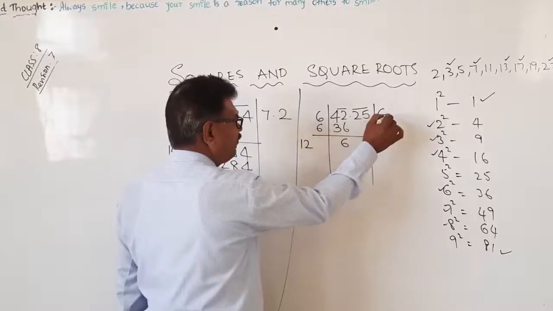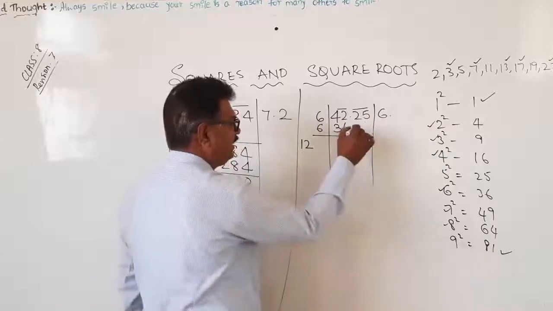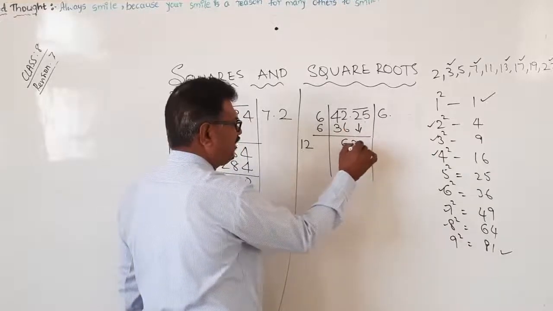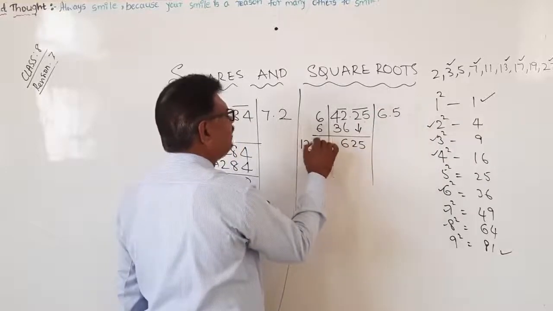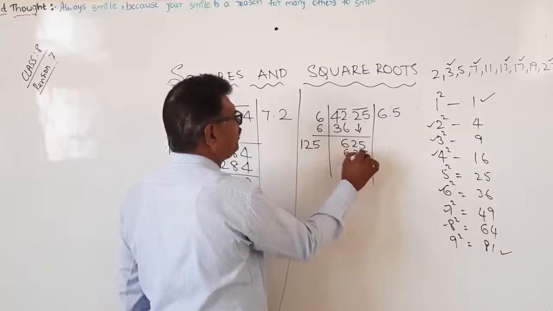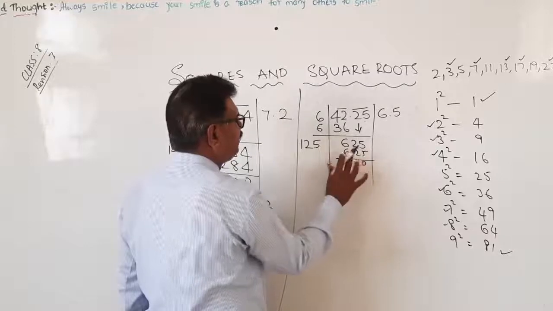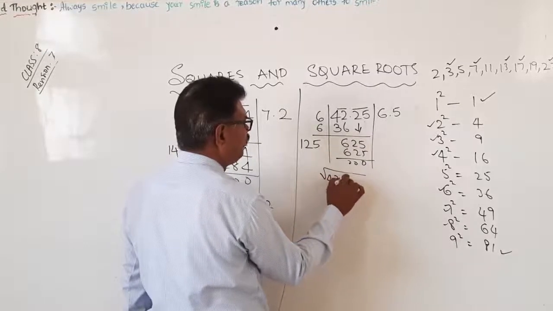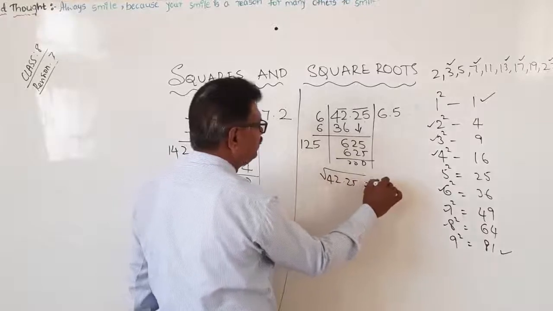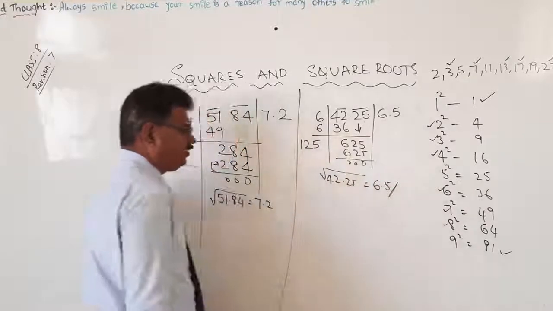Now the point, you put the point here. Take the number 25. Last number is 5 means 100% it is 5 only. So it is nothing but 625. Okay na? Therefore, what is the answer? The square root of 42.25 is equal to 6.5. Please take down.